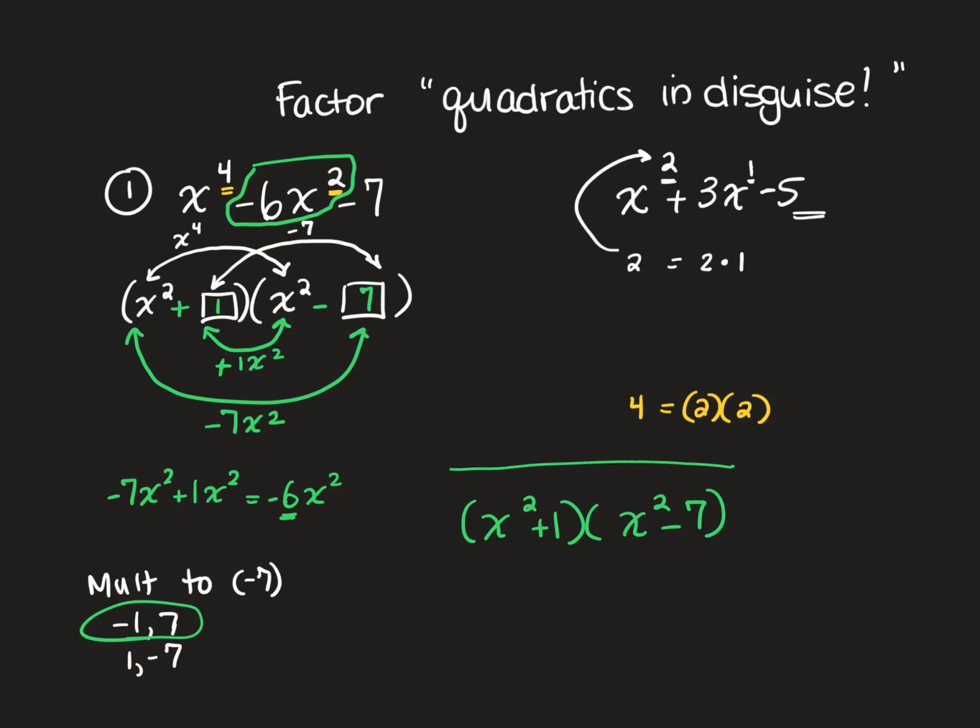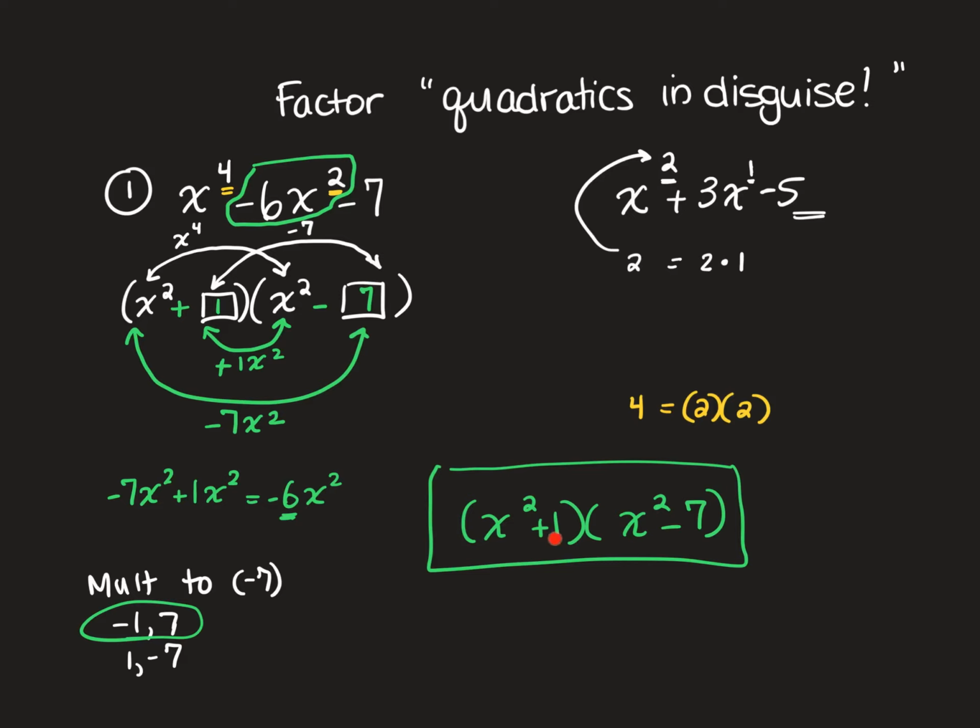There's one thing I want to keep reminding you to check, especially with these quadratics in disguise. Make sure that whatever you have written here and here is fully factored. If we had factored this as x squared - 1, that's a difference of squares. Mr. Middleman addressed that in an earlier video.